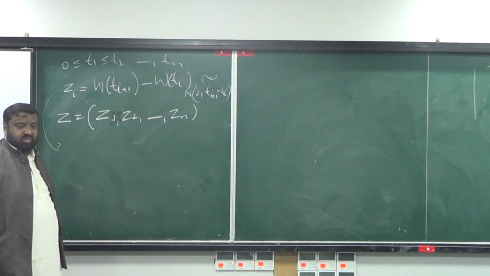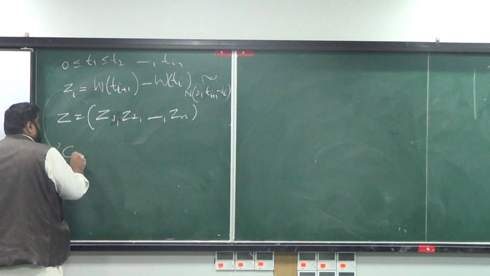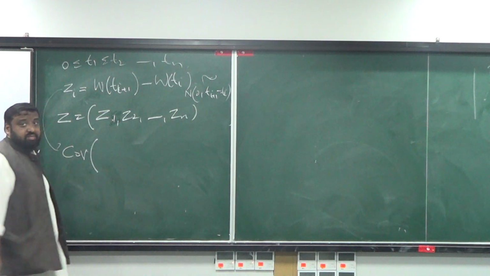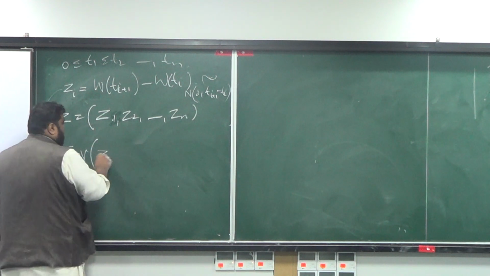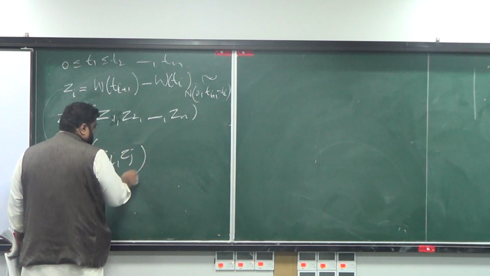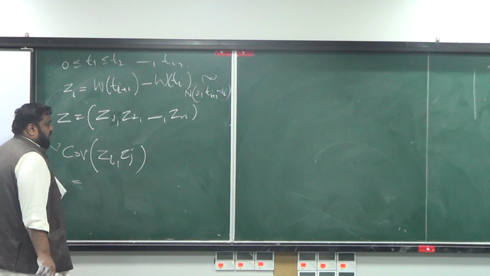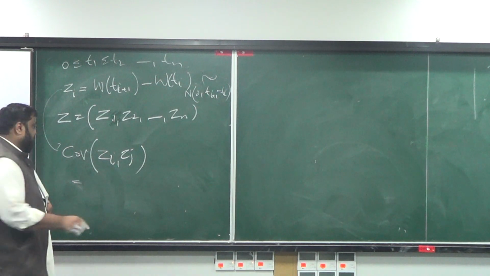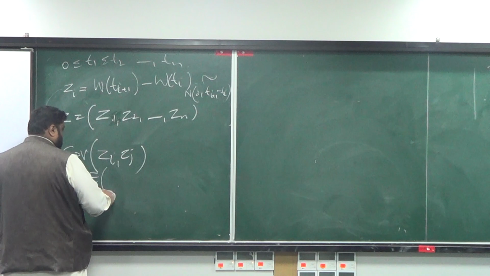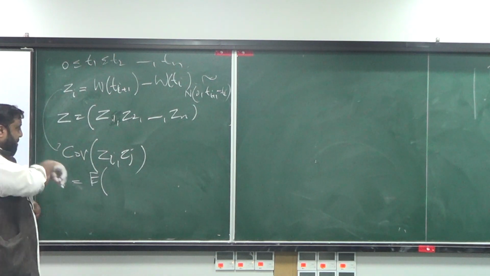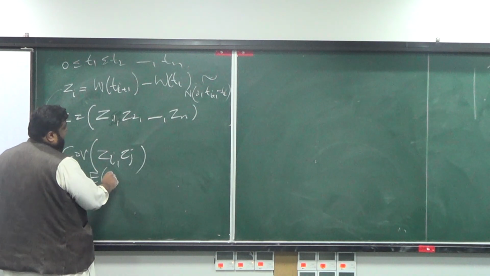So what can you say about the covariance of, for example, Zi, Zj? What should the covariance of Zi, Zj be?